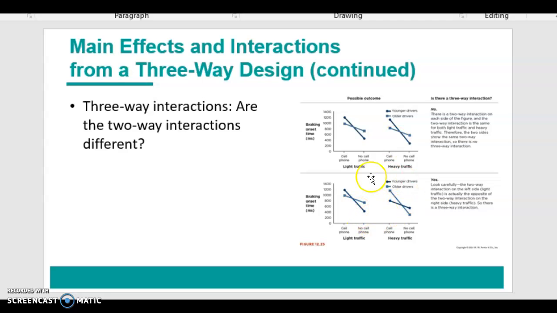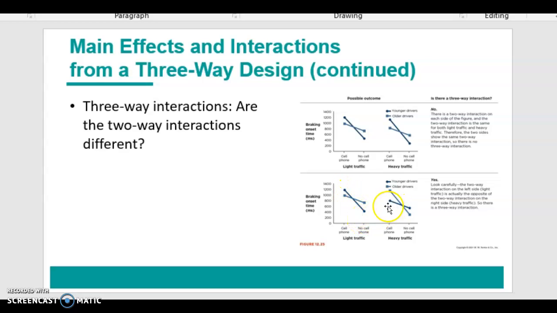However, when we look down here, there is a three-way interaction. And you may be like, that's the exact same graph. That is not the exact same graph. If you look closely, up here it's dark blue line, light blue line, horizontally-ish. Here we have our dark blue line starting up here at like 1200 milliseconds, moving down to no cell phone.